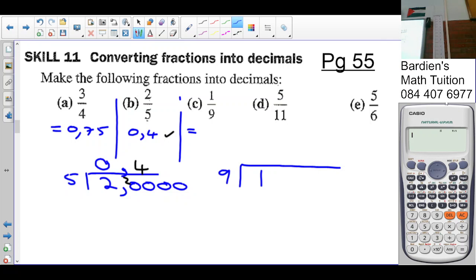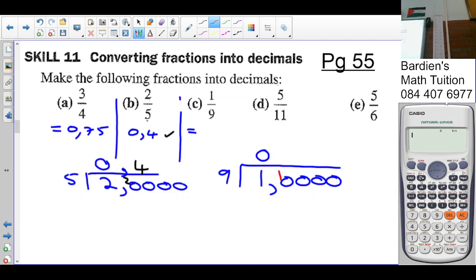Okay, can 9 go into 1? No. So you put a dot or a 0 in this case. So it's going to add a few zeros there. Normally I work to 3 decimal places or 2, doesn't matter. So 9 can't go into 1. How much are we carrying? 1. You all okay with that?